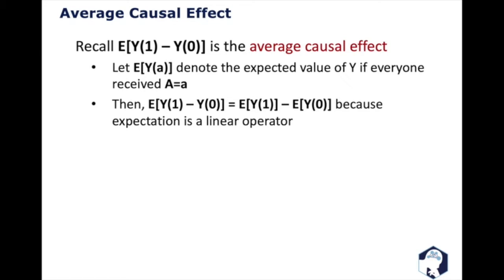Taking our average causal effect of interest, the expectation operator is linear, and so we can distribute that expectation and write our average causal effect as the expected value of y of 1 minus the expected value of y of 0. Now we can focus on identifying and estimating these two quantities.